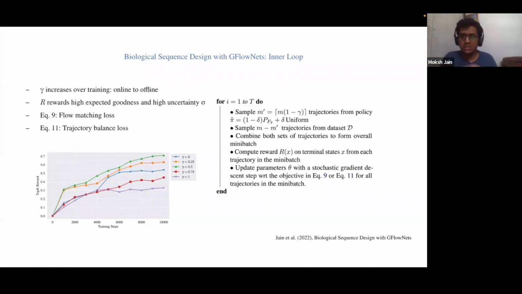So eventually we'll cover all possible trajectories, after enough training steps. And that also partially explains why gamma equals 0.5 works the best, because if the offline trajectories in our data set had full support over the distribution of trajectories, then we would expect it to learn basically the same as the on-policy reward.